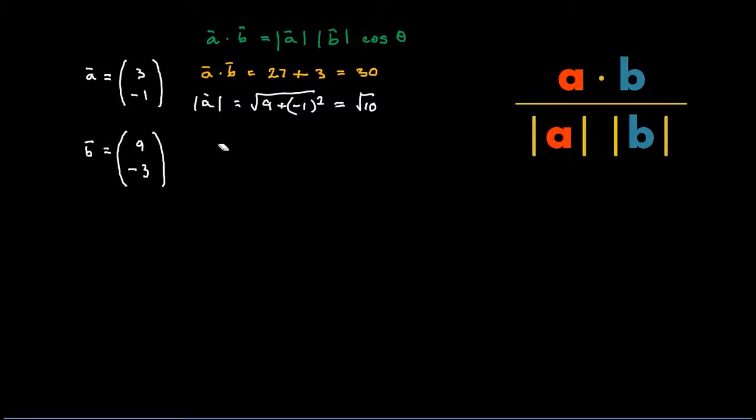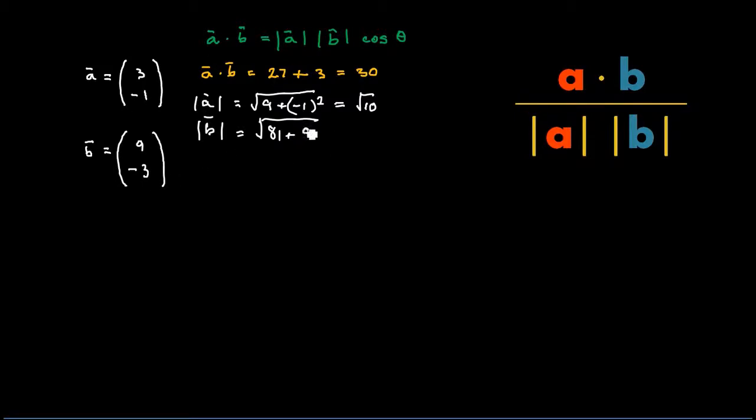Okay, so the magnitude of B, like that, again is going to be the square root, this time larger numbers. So we've got the square root of 9 squared, which is 81, and minus 3 squared, which is the same as 3 squared, which is 9.